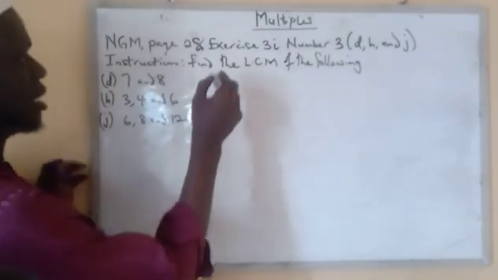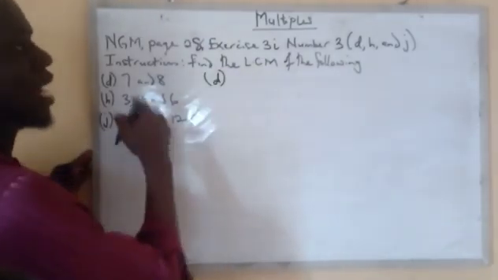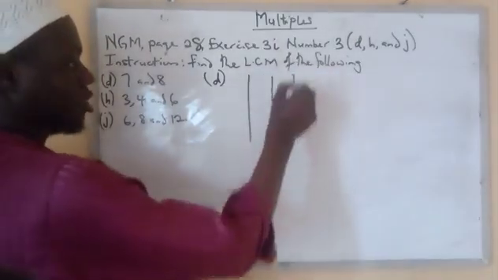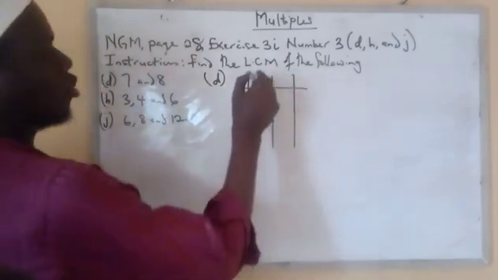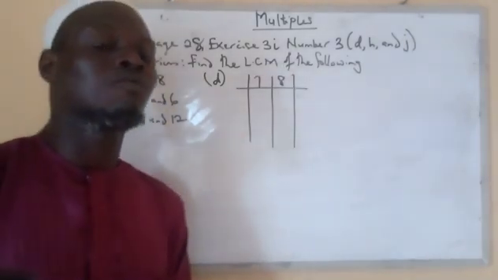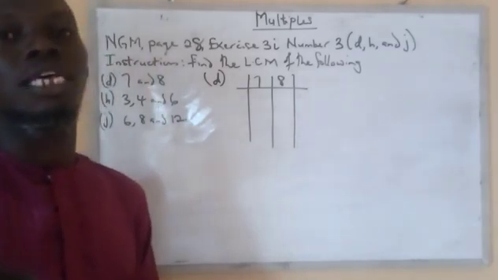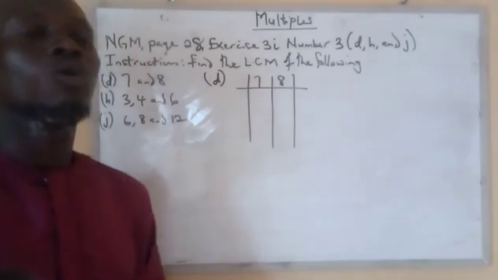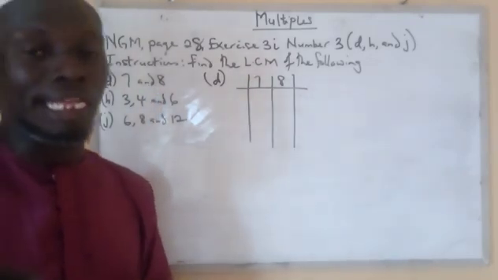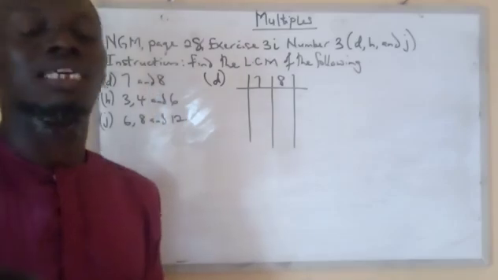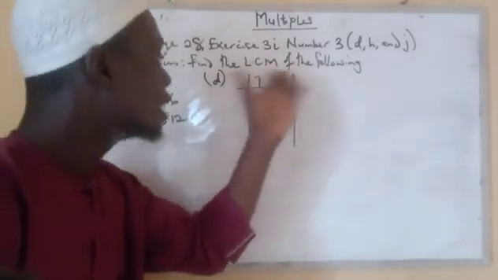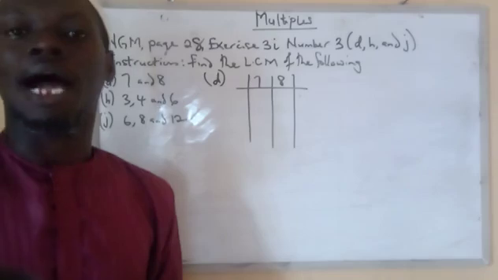So let's get started. For D, we have to find the LCM of 7 and 8. So how do we do it? We use the factor method. We draw our lines and put 7 here and 8 here. If you recall, when we used this method under HCF, we only considered a number that is a factor of 7 and 8 both, and when we had exhausted those, we could write out our answer.